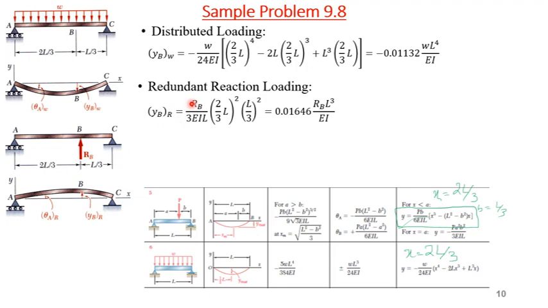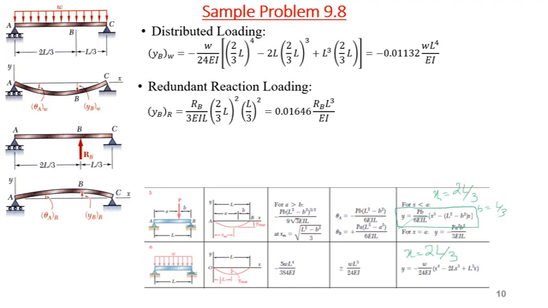So YR will become RB divided by 3EI L times (2/3 L)^2 times (L/3)^2. When you simplify it, this will become 0.0164 RB L^3 divided by EI.